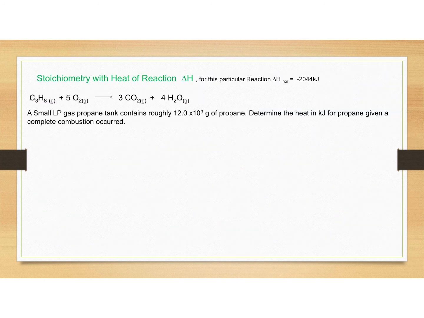So I'd like to talk about our last type of problem that we were going to talk about today, and that is the stoichiometry with heat of reaction. Okay, and when we have a chemical reaction, either heat is given off or heat is taken in. In other words, it either takes energy to make that reaction, or that reaction makes energy.